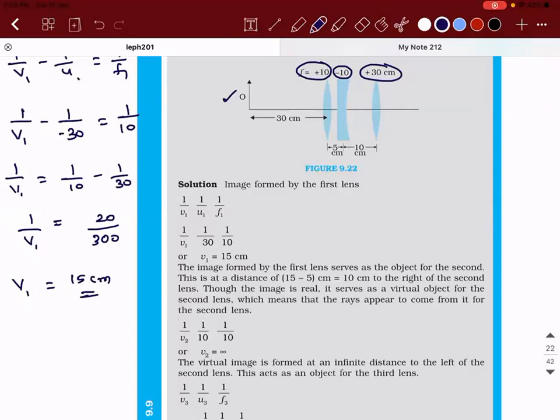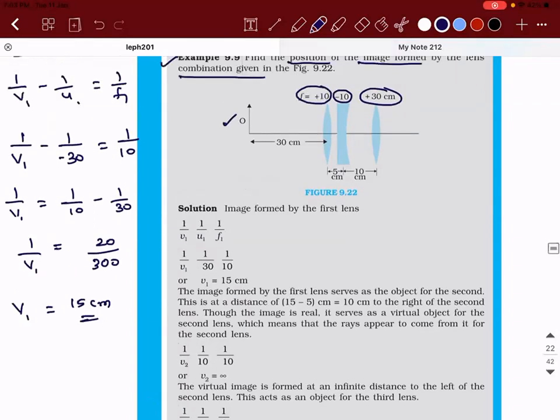So what we are trying to say is the image due to the first lens is formed at a distance of 15 centimeter from the first convex lens.